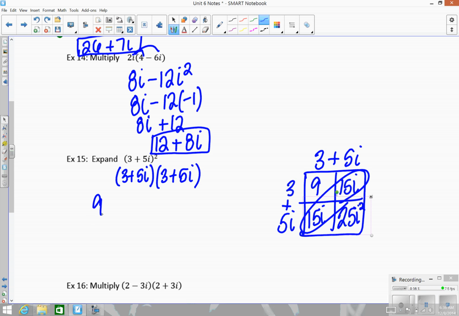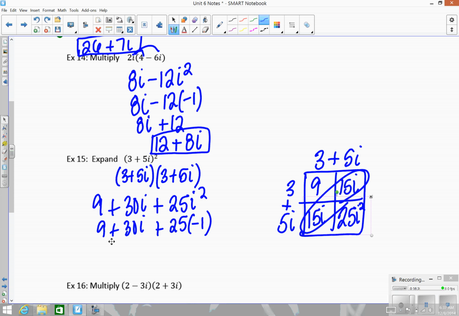So we have 9 plus 30i plus 25i squared. 9 plus 30i plus 25, you can rewrite that as a -1. So now I have 9 plus 30i minus 25. So now you're going to do 9 minus 25, which gives me -16, and you want that to come in front so that this is in a plus bi form.